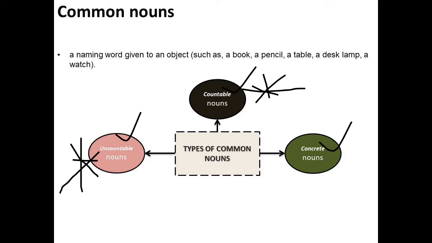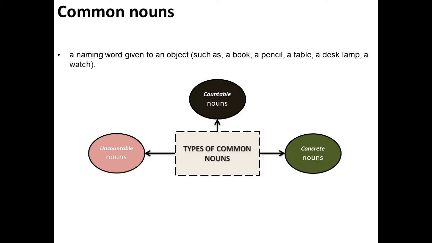Countable common nouns, these are things that can be counted. The word is self-explanatory, countable nouns. For example, how many pencils were left in the teacher's staff room?